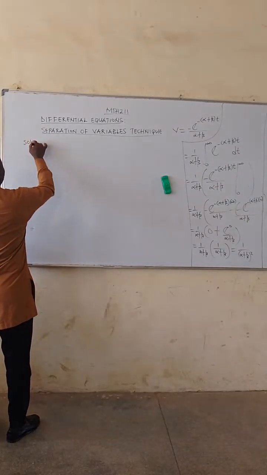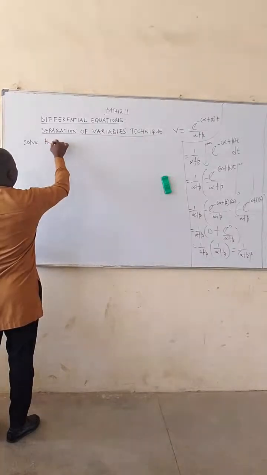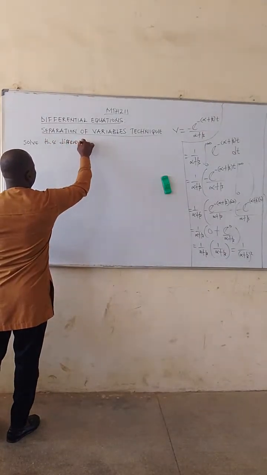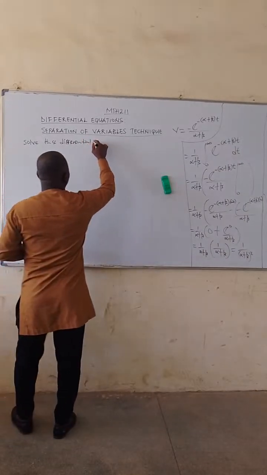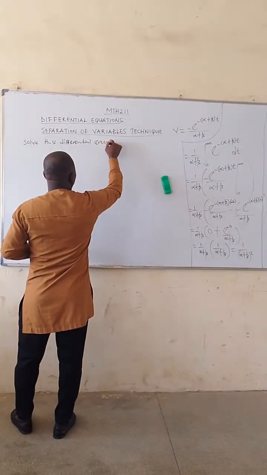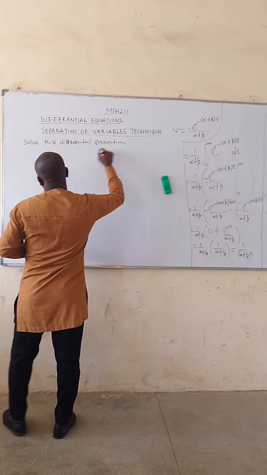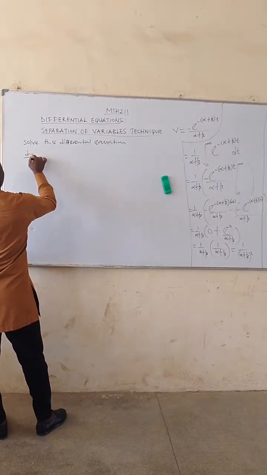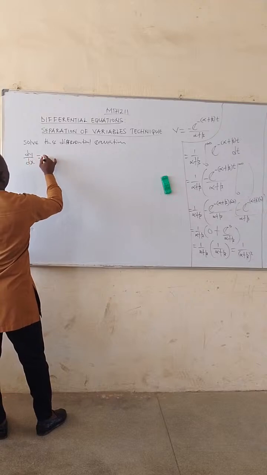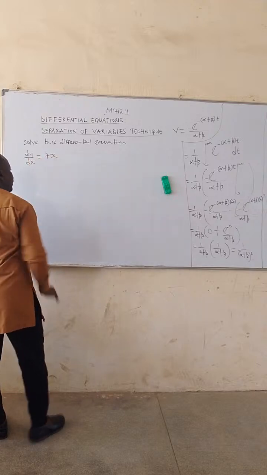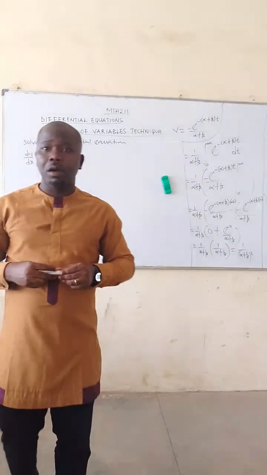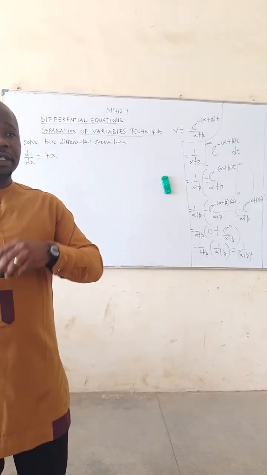Assuming you are asked to solve the differential equation dy over dx equals 7x. It's simple as ABC. Just listen because it will do you good.